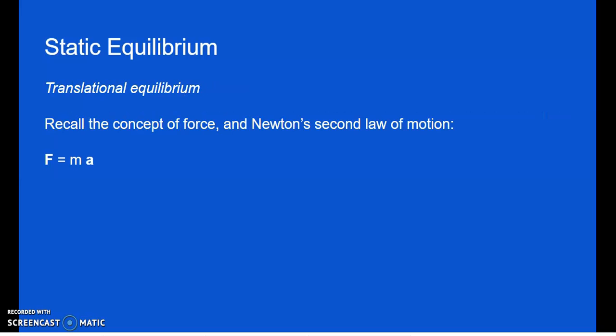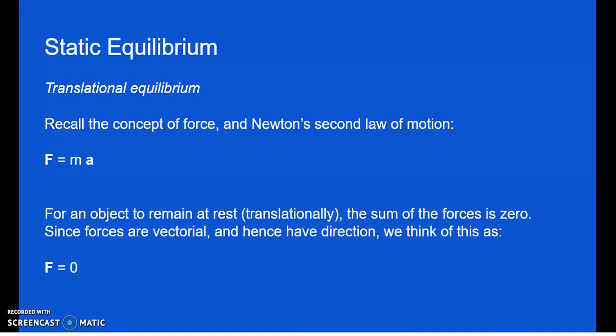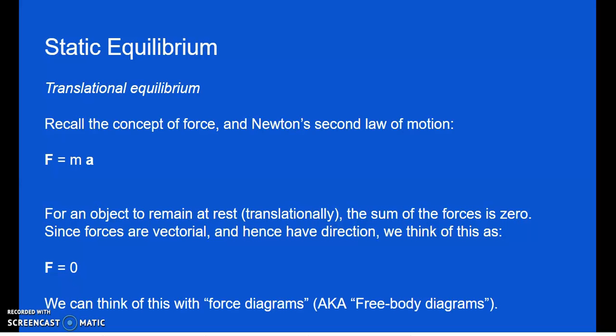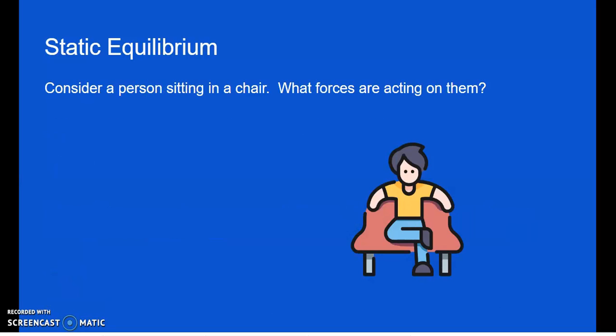First of all, you know that F equals ma, of course. And if you have an object remaining at rest, at least translationally, the sum of the forces has to be 0, which would mean that the sum, sigma, of forces is equal to 0. Another way to think of this is in terms of free body diagrams. Let's say, for example, we've got a person sitting in a chair.